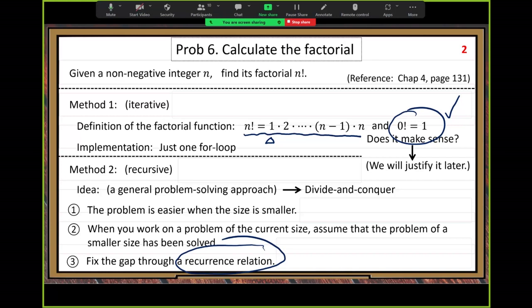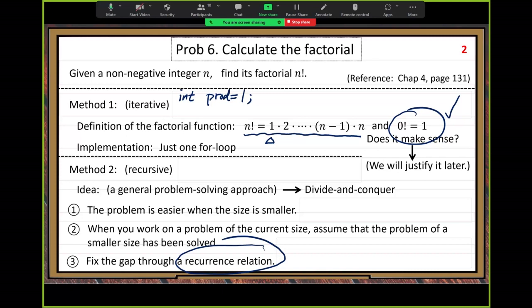Let's assume I use an integer variable called product. Product equals 1. That's my initial value, because when I do multiplication, my initial value should be set to 1, because 1 times any number equals that number.